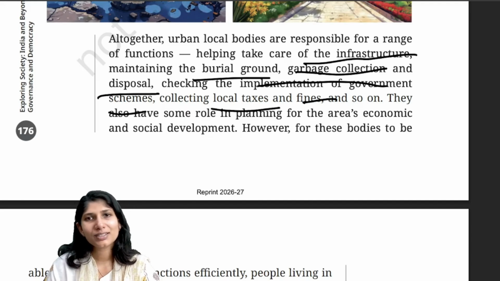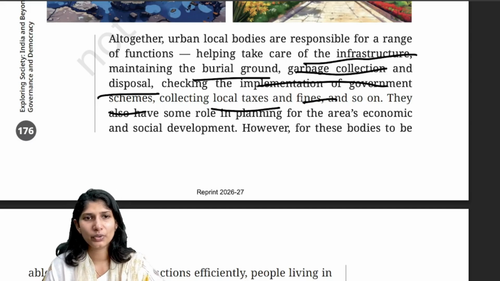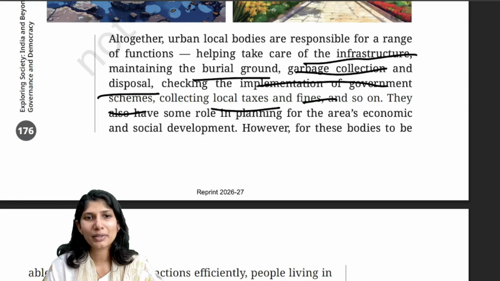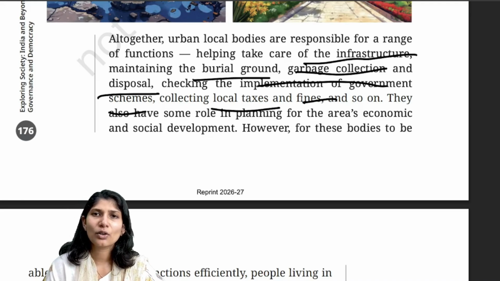What are the local taxes? Further down, we will see in the video. At the same time, they will also be involved in certain planning activities, which will help in the development of the economy and the society.